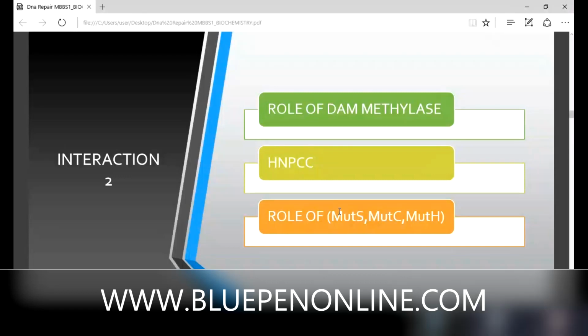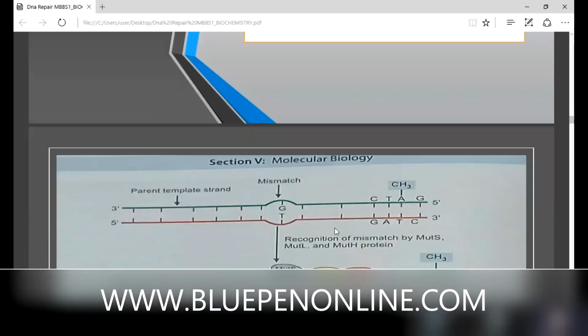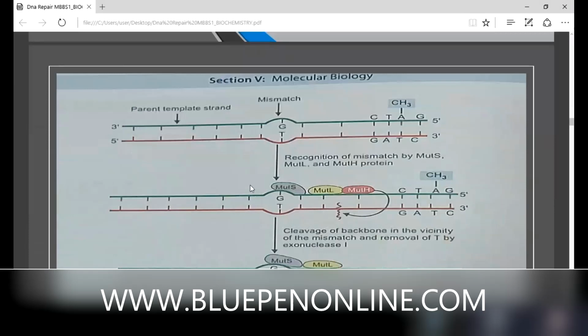Methylation occurs in the parent strand or the newly synthesized strand? Parent strand. Okay. Look at the picture. You can see the parent template strand, methylation. Any confusion, Sandhya? No, simple mistake. The parent strand is green in color and the newly synthesized strand is red in color.